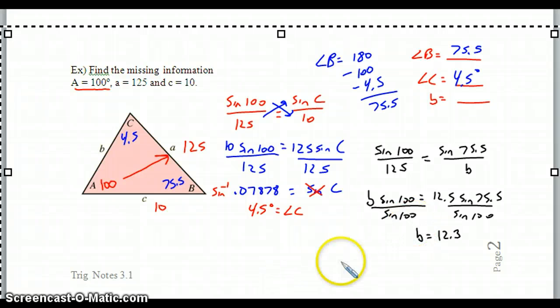So let me go back here. Thought that side length looked a little funny. Let me recalculate that one more time. It's 125 sine of 75.5 divided by sine of 100. There we go, 122.9.